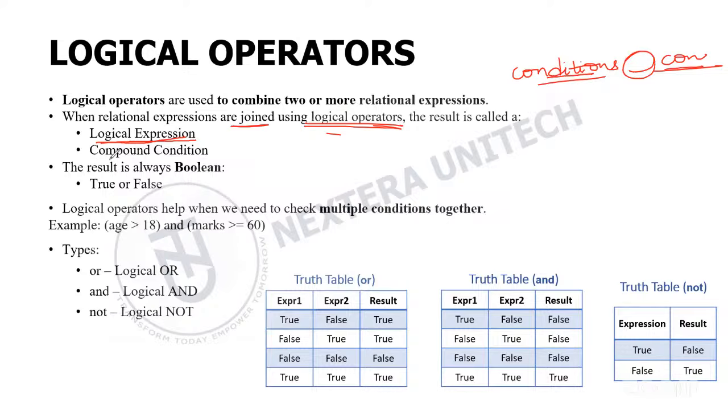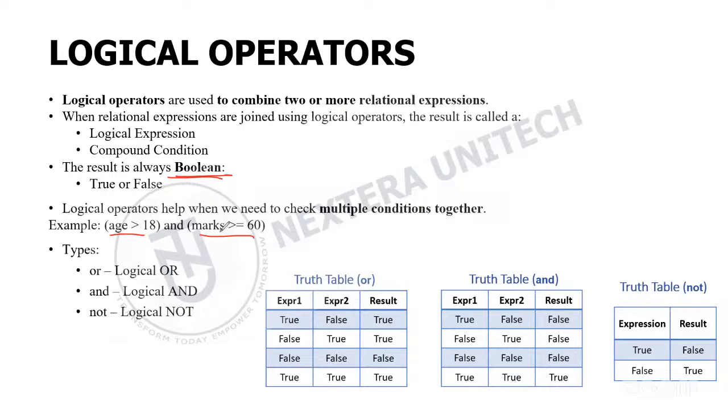So that's why it's called a compound condition as well. So logical expression and compound condition are the same terms. The result of this logical expression will always be a Boolean value because you are working with relational operators, right? So these values are Boolean values. So when you're using a number of relational expressions, the whole result will also be a Boolean value, which is true or false.